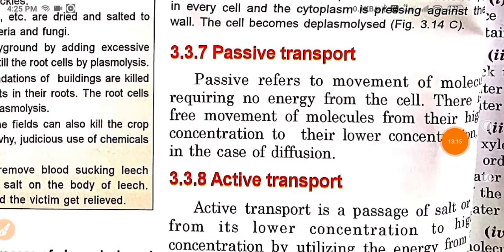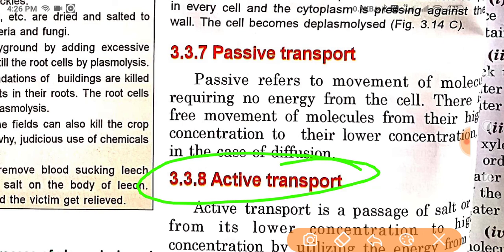Next, passive transport or active transport. Passive transport is a natural movement. When we read about osmosis or diffusion, it is the same, where no energy is needed, for the movement of molecules from higher concentration to lower concentration.